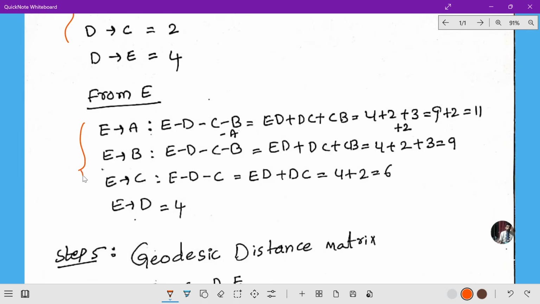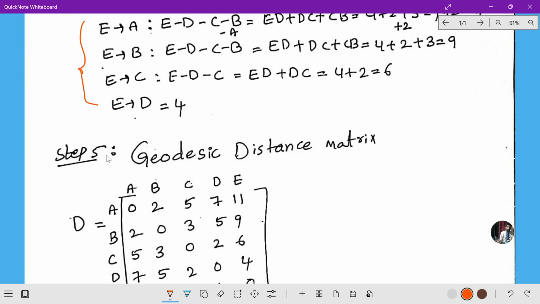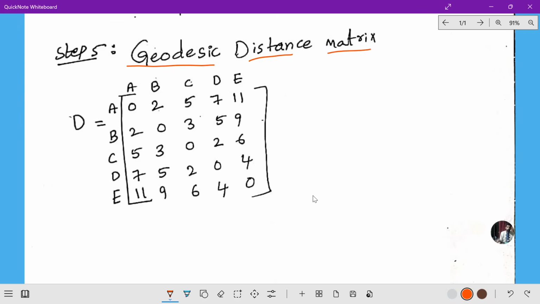Okay. So when you find all the values, after completion of this, we will find the geodesic distance matrix. Remember all of you how to write this. When I say A to A, please remember, this is 0. B to B, this is 0. C to C, this is 0. D to D, this is 0. E to E, this is 0, because there are no more elements for A to A, B to B, and so on.